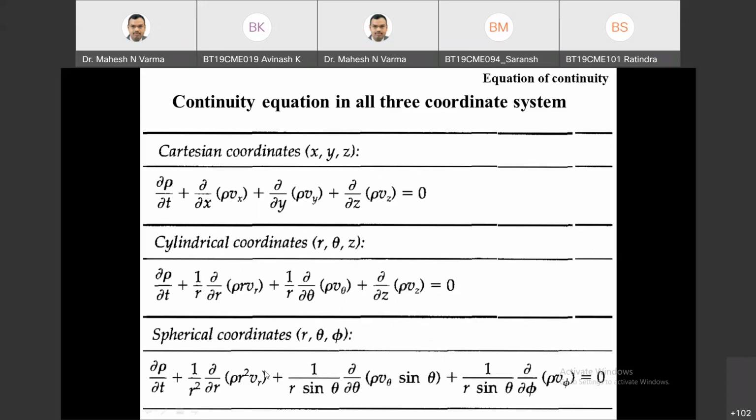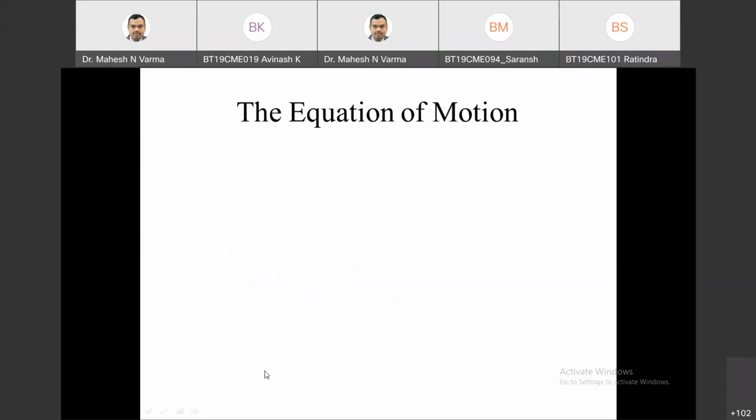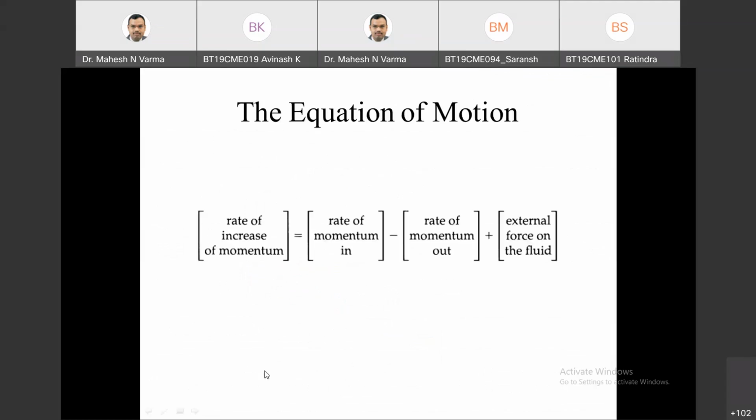And then we started the discussion on the equation of motion. As I told, this equation of motion is nothing but the generalized shell balance equation, without considering anything. I am not considering steady state also, so the accumulation term is there.